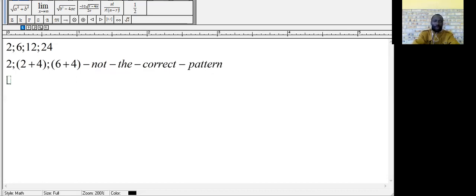Well, starting with a 2, what if we multiply? Let's check if multiplication can help. In this case, we are going to multiply the first number 2 by what? We are going to multiply it by 3.